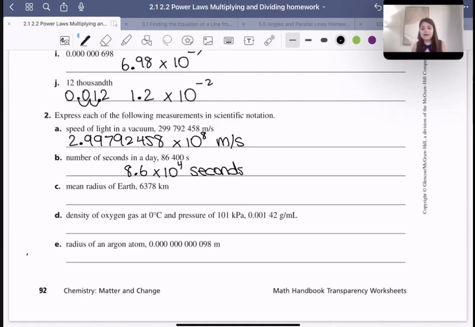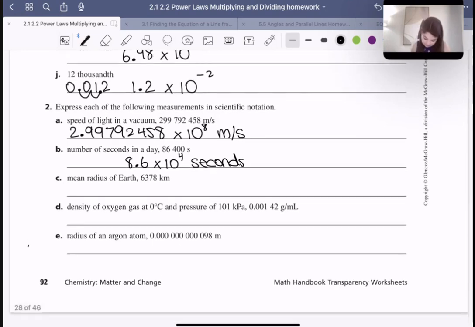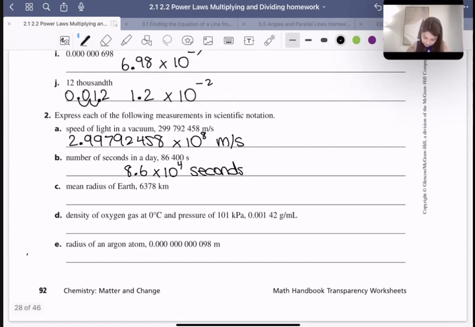All right, the mean radius of the Earth. Oh, that's interesting. I guess the radius of the Earth changes. All right, but regardless, 6,378 kilometers. Well, we'd have to move the decimal over 1, 2, 3 times. We get 6.378 times 10 to the power of 3 kilometers. There we go.